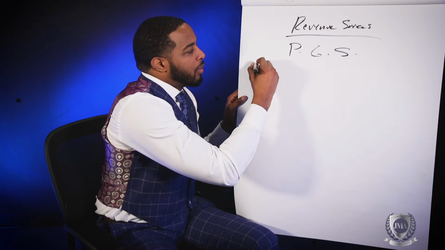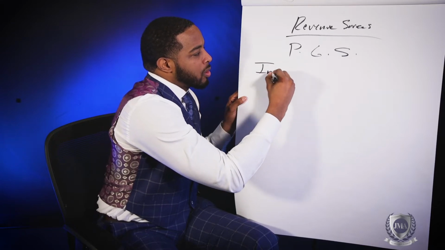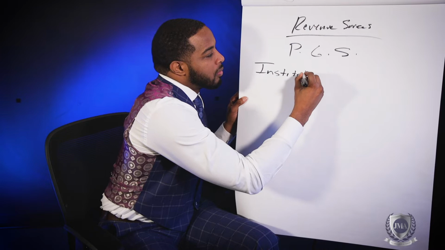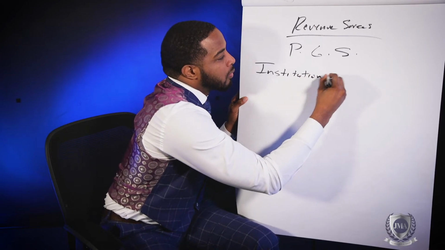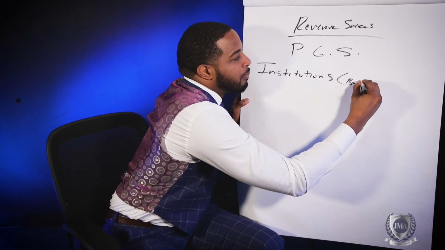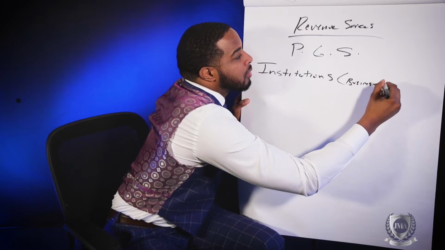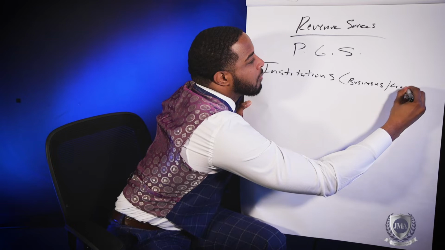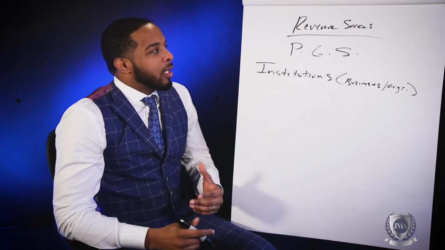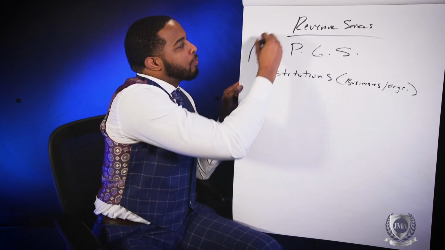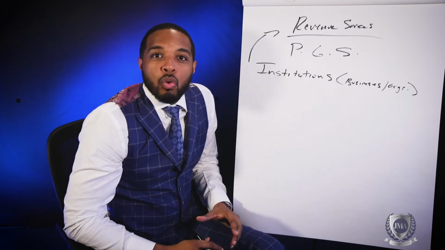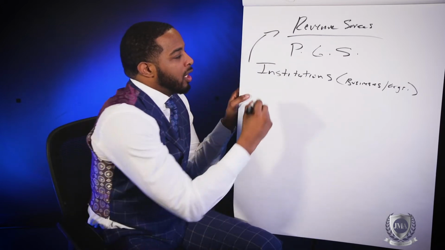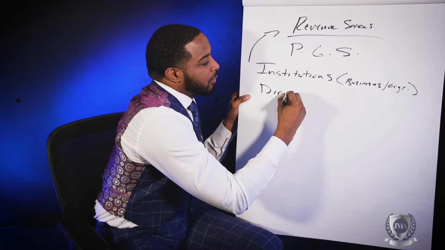One will be from other businesses or institutions, businesses, organizations. So you'll see revenue come to your business either from institutions, businesses, or organizations, or it will be what we call direct to customer.